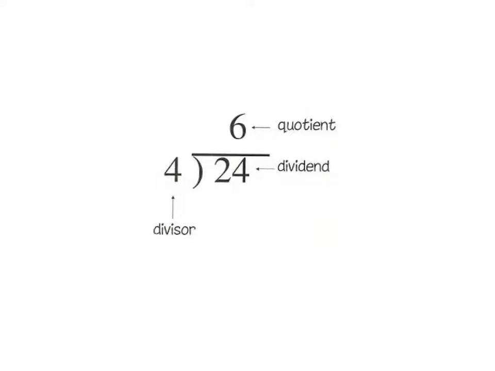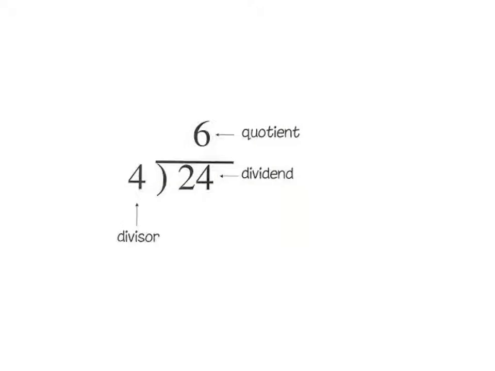So let's think for a moment, what exactly do I mean when we are talking about the dividend? As we can see here, the dividend is the number that we are dividing.